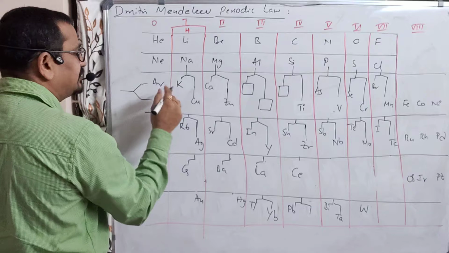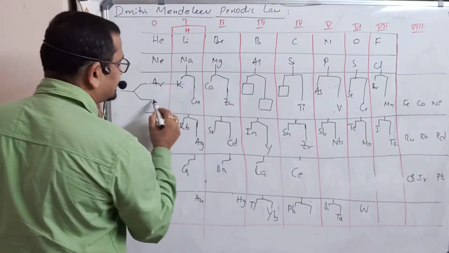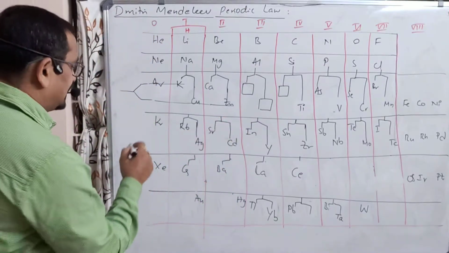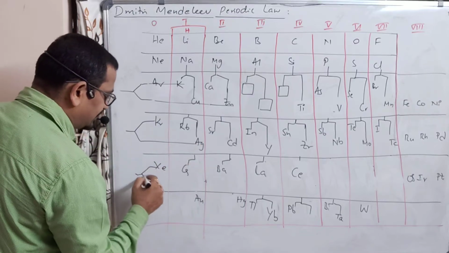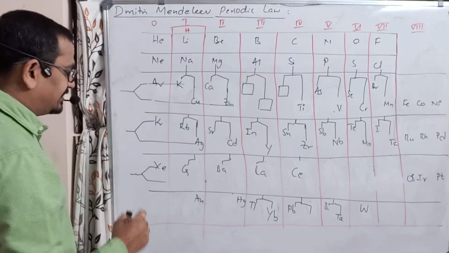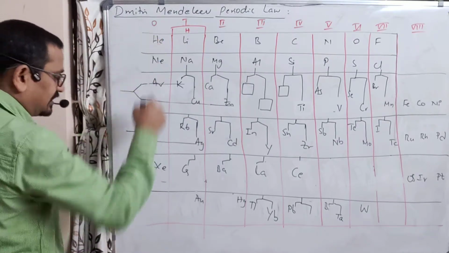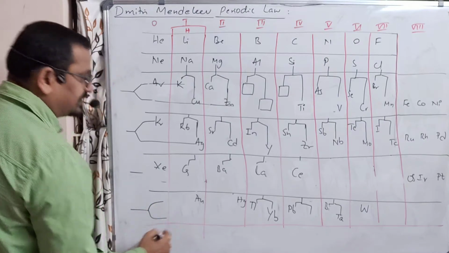He divided each period into 2 sub-periods. One sub-period contains one set of elements, and another sub-period contains another set of elements, the transition elements. Like this, this period is also divided into 2 sub-periods, except the 8th period, which he did not divide. If you give continuous numbering, this will be the 8th, and again the 9th he divided into 2 sub-periods.